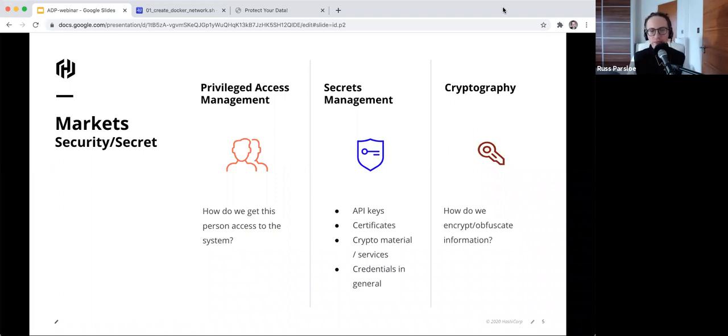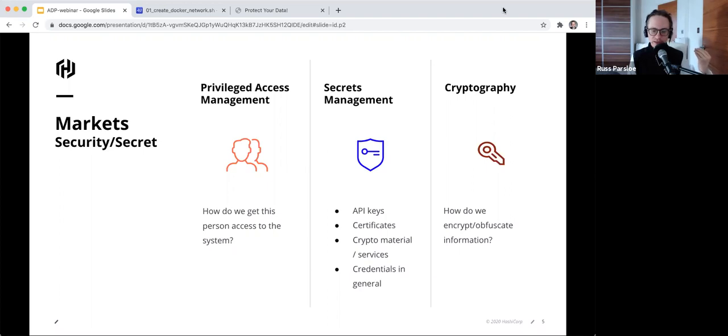So we did some research in the market, trying to find an existing tool that would meet the needs that we had. And when we did that research, the tools tended to broadly fit into two different product sets. They had the privileged access management, or PAM solutions, which were typically very person-centric.